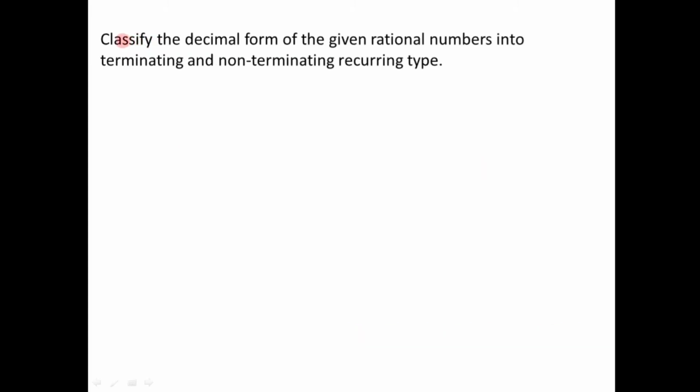Now we have one question based on it. Classify the decimal form of the given rational numbers into terminating and non-terminating recurring type. The first example is 13 divided by 5. To decide whether its decimal form is terminating or non-terminating recurring type, we have to divide 13 by 5.